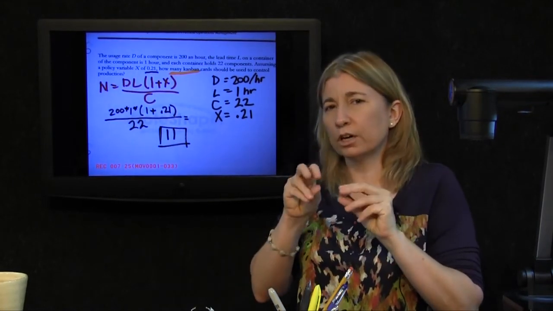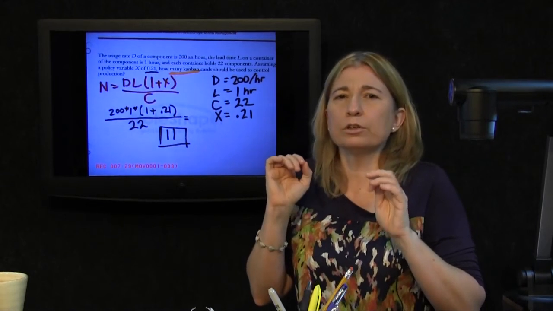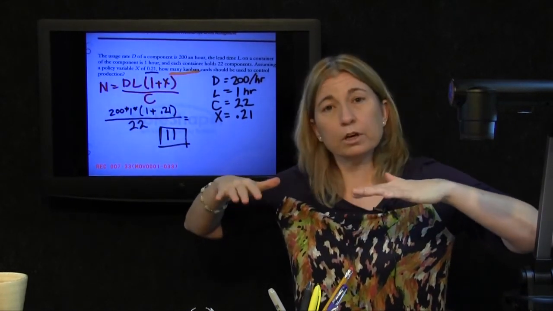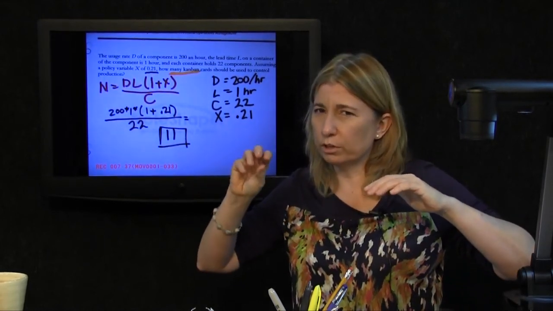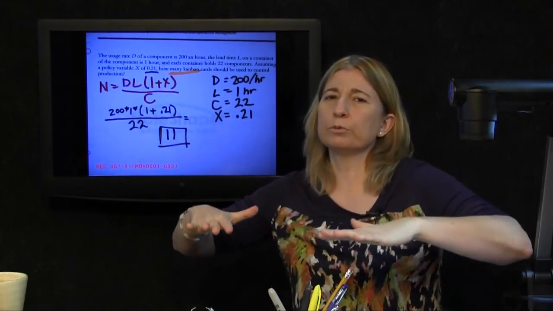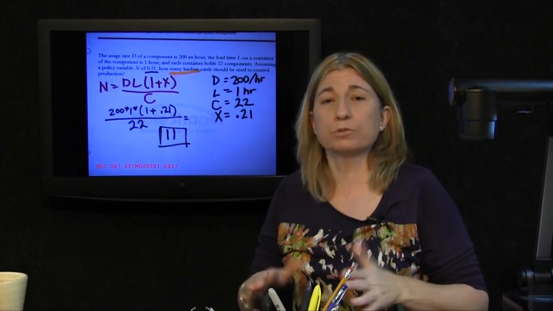If you dial it up as management, you are adding cards into the loop, which means you're allowing more containers to be full, which means you're keeping a little bit more stuff around. If you decide it should be a really, really small number, you dial it down. You're taking cards out of the loop, you're drawing down the number of full containers, and you are forcing the system to run leaner.